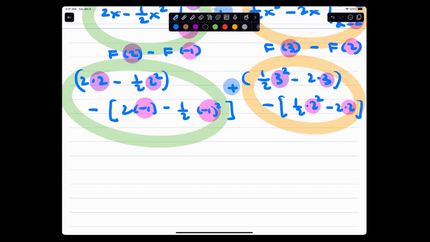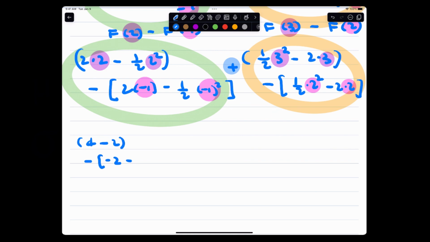It's always where the arithmetic comes in. Okay. So we get what? 4 minus 1/2 times 4 is 2. I'll put it down here. Minus -2 minus 1/2 plus 9/2 minus 6 minus 1/2 times 4 is 2. 2 times 2, that's minus 4.